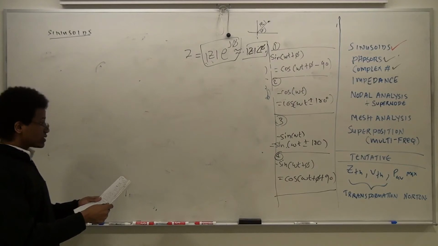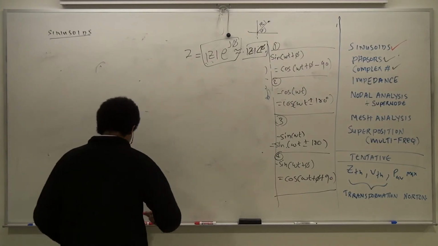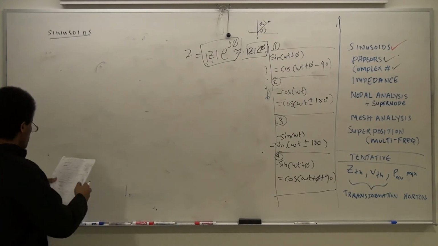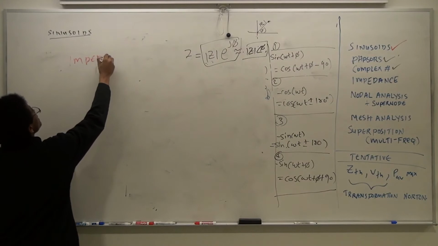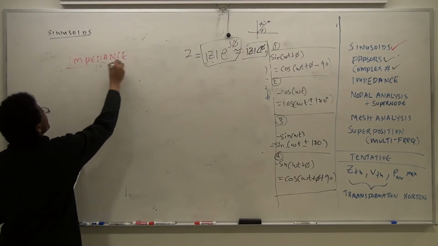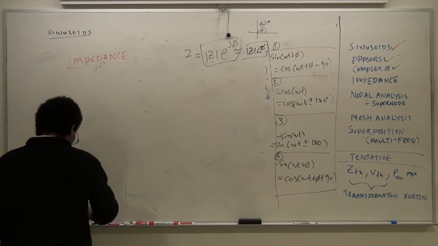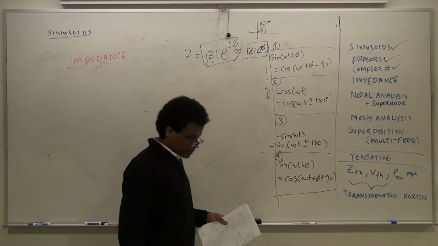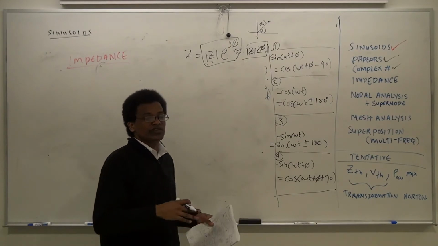Let's talk about what is impedance. The question is, what's impedance? In the time domain, initially the impedance was purely resistive, only had resistance.